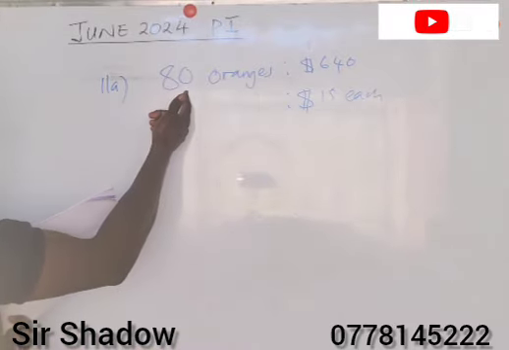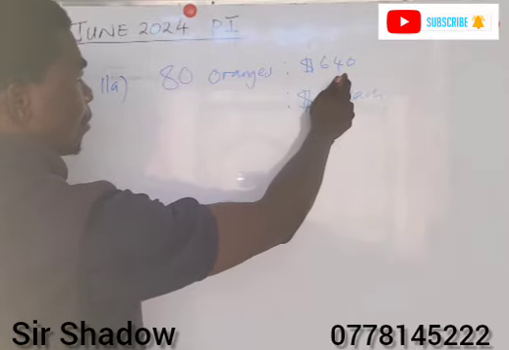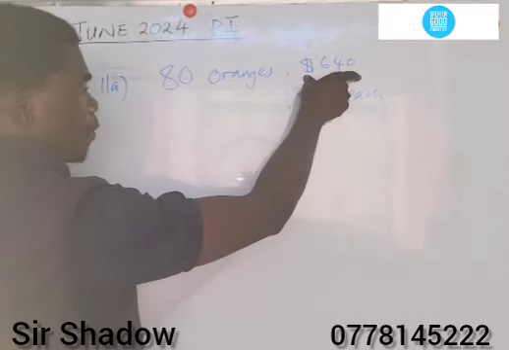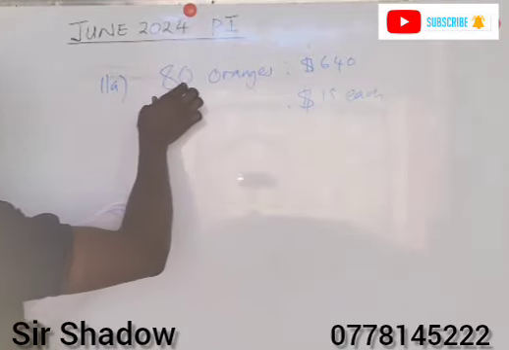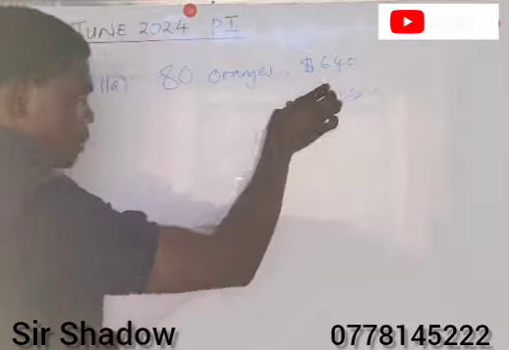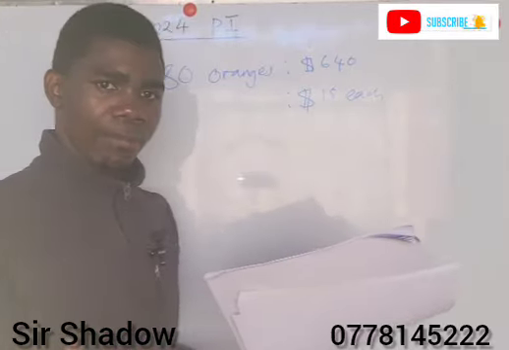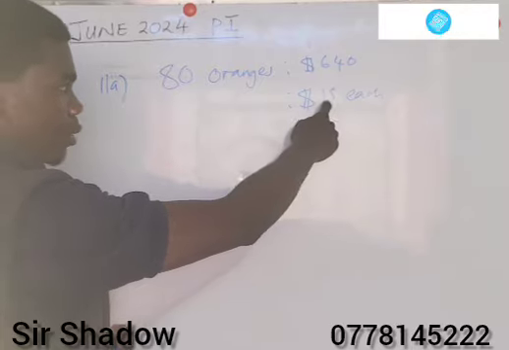So this green grocer bought 80 oranges and sold them. He bought 80 oranges at $640 in bulk. But the green grocer wants to sell these oranges at $15 per orange.